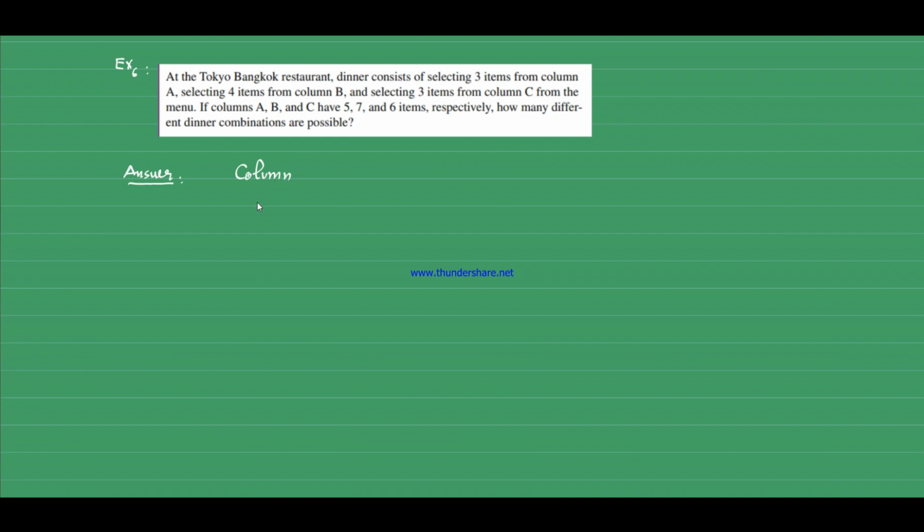We have column A, column B, and column C. If columns A, B, C have 5, 7, and 6 items, then the whole of column A is 5 items, but we want to pick 3.